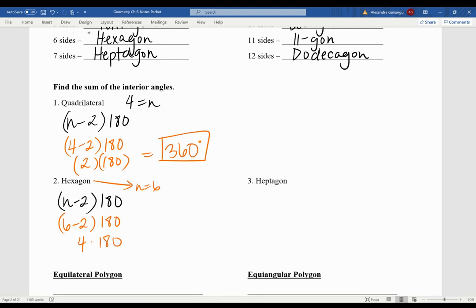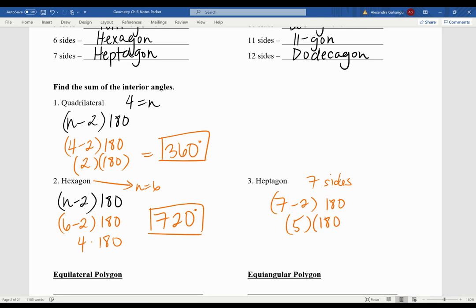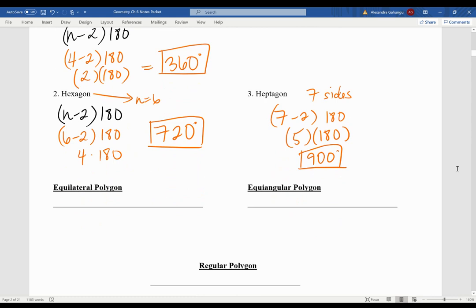And so for a hexagon, the sum of the interior angles is 720. Heptagon, we've got 7 sides, so n is 7. So 7 minus 2 times 180. So 5 times 180 gives me 900 for the sum of the interior angles.